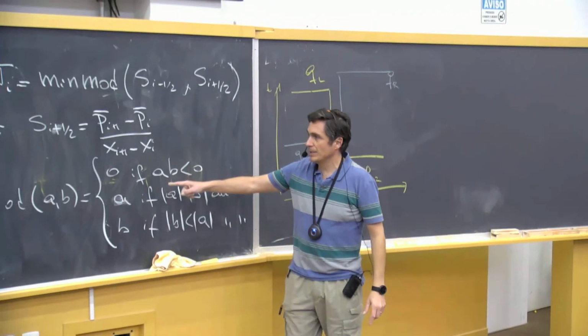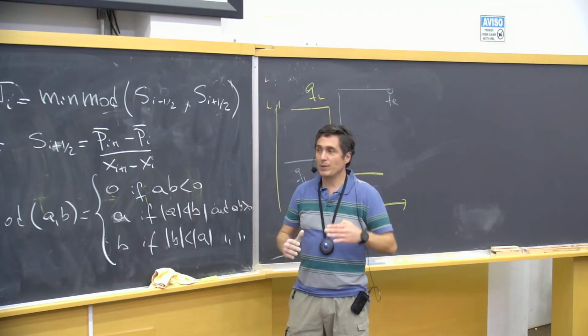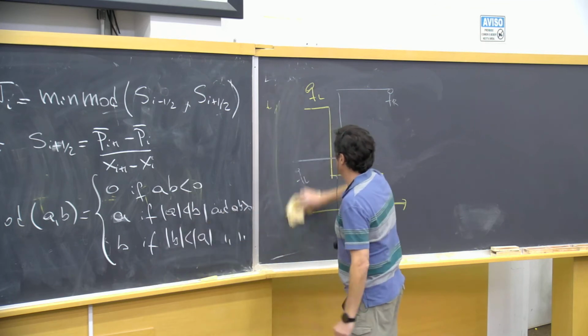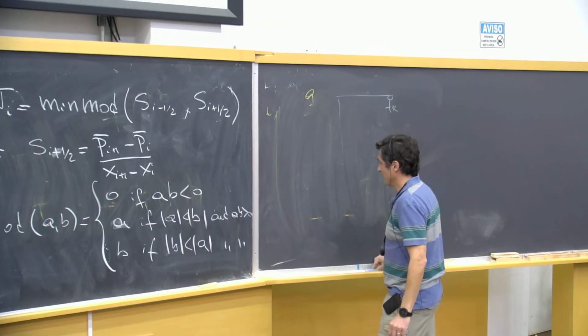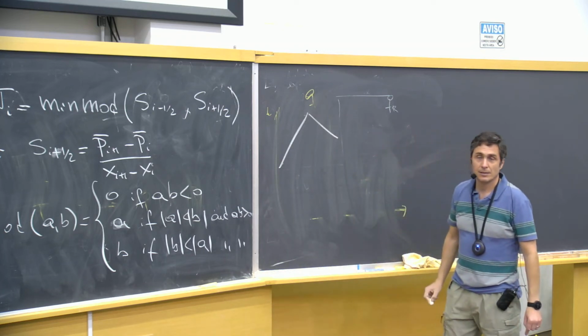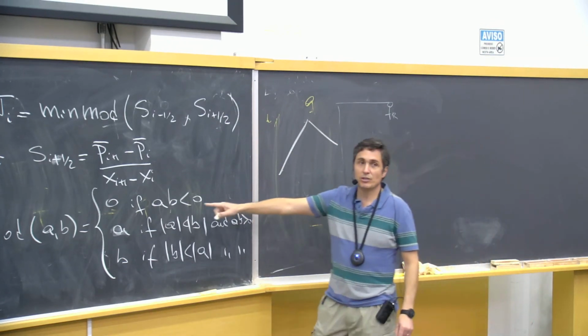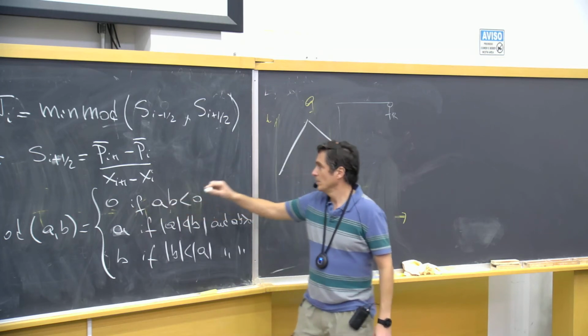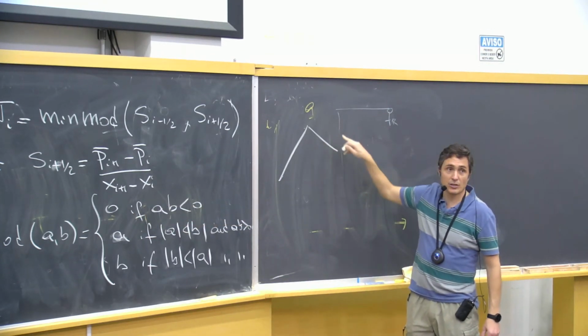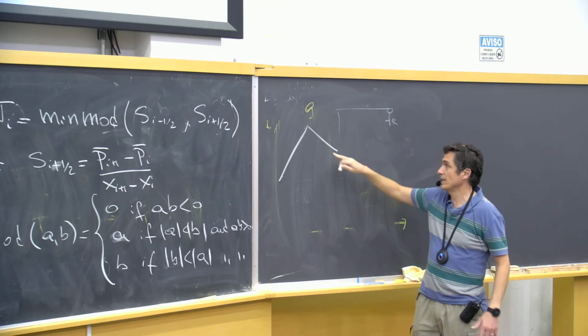It's basically telling me if the two slopes happen to be of different signs. So if I have a function that is behaving like so, I said, well, just use zero slope. Because what this is saying is, no, we are either dealing with spurious oscillation and we don't want to exacerbate them.